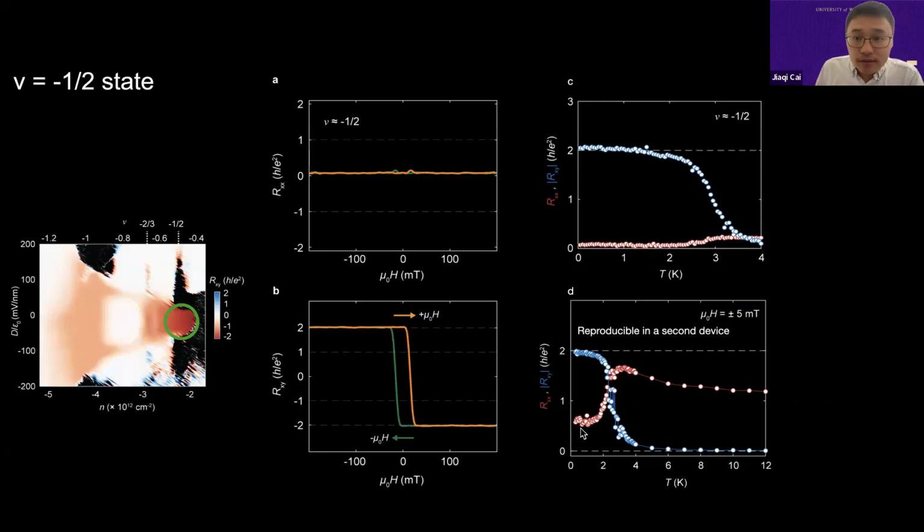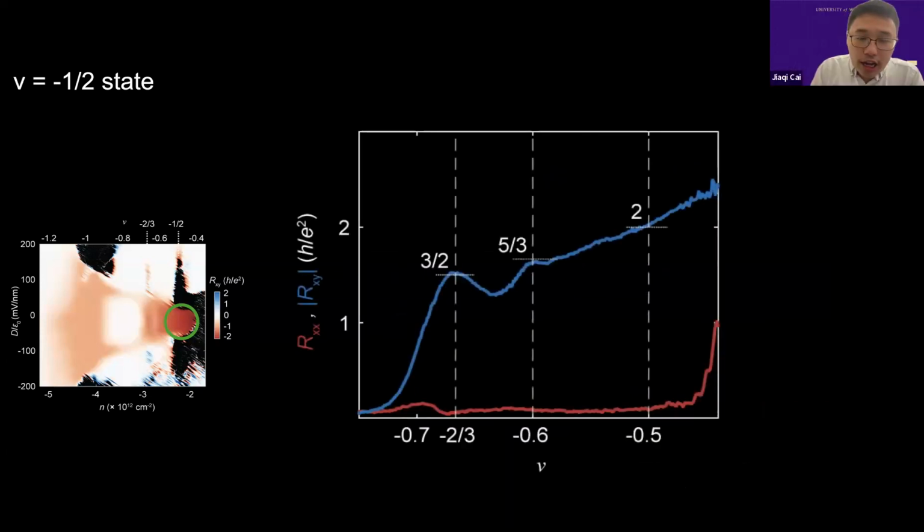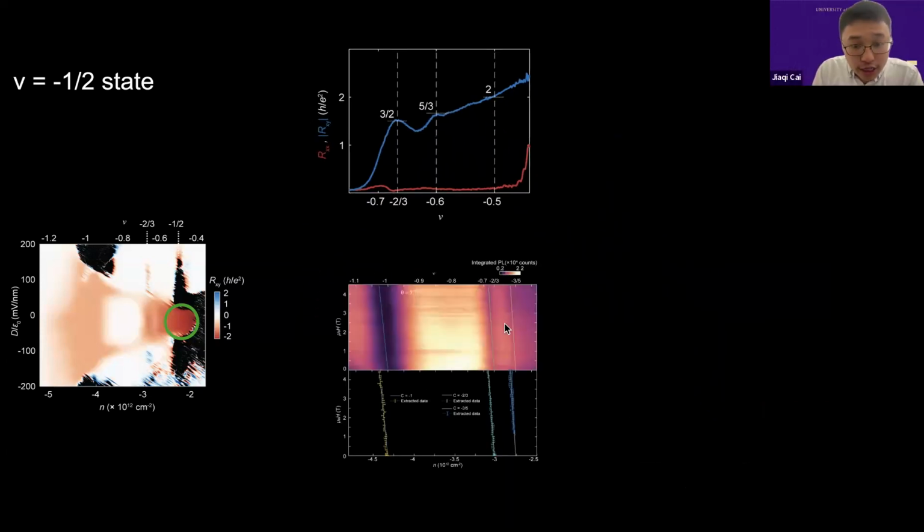And the optical measurement, what's the resolution? We take the optical measurement at 1.6 Kelvin, to be exact. At 1.6 Kelvin, all three of these states show a very clear gap.